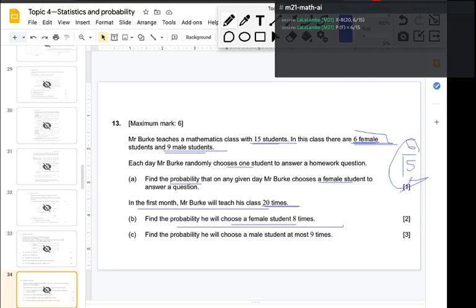Probability of choosing, so now you put it in your calculator, the probability of F. Okay, sorry.